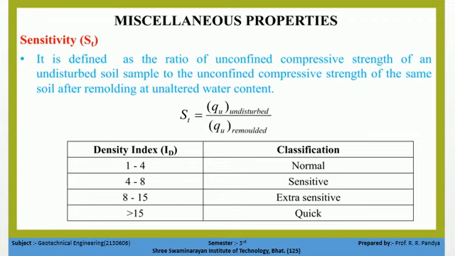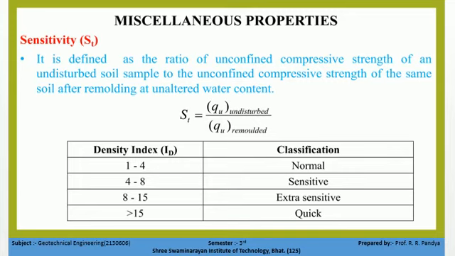As we understand from the definition, in the numerator, Qu undisturbed indicates a natural soil sample's unconfined compressive strength, and in the denominator, Qu remolded is taken after the oven drying of soil and making a mold to achieve optimum moisture content and maximum dry density.